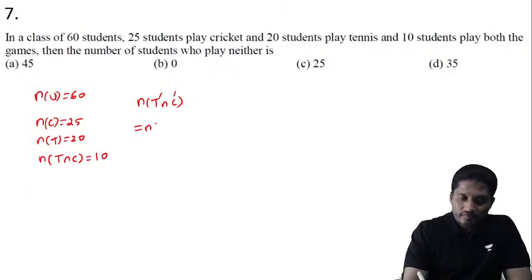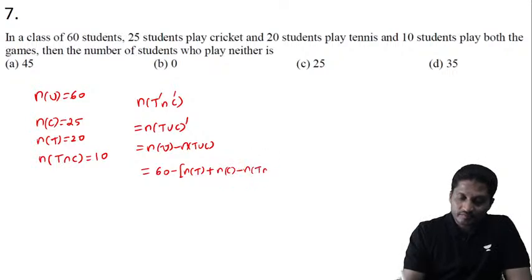This is equal to n of (T union C) whole complement, which is equal to n of U minus n of (T union C). N of U is equal to 60, right? This is n of A plus n of B minus n of A intersection B. Is equal to 60 minus, n of T is equal to 20.